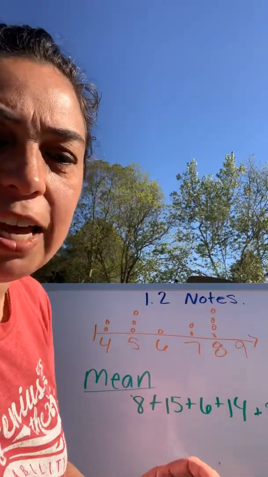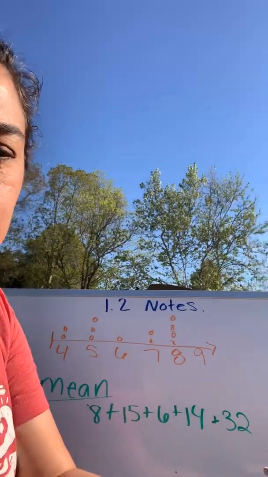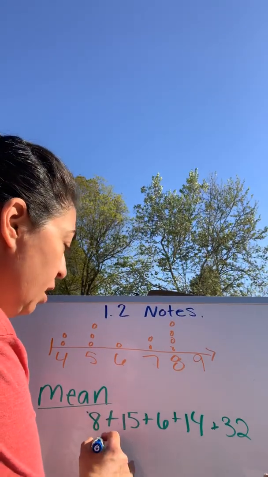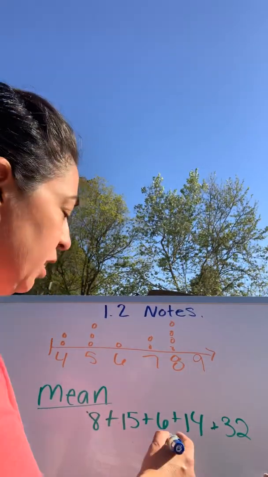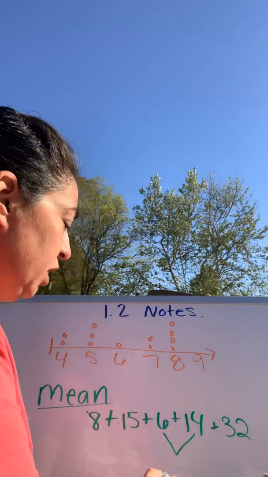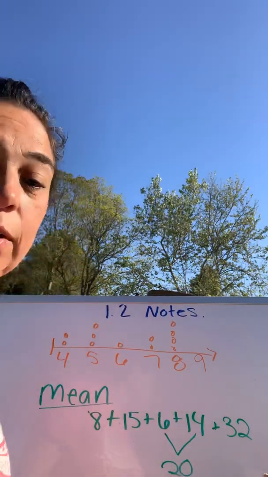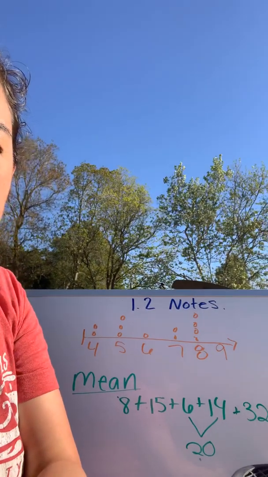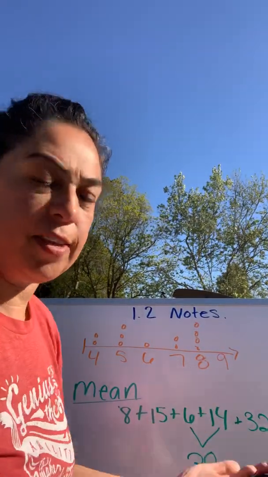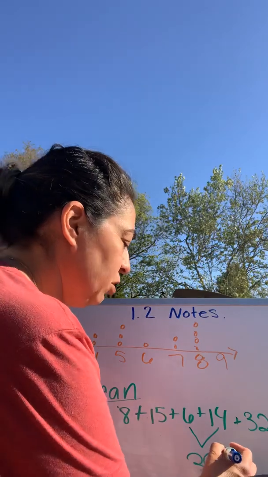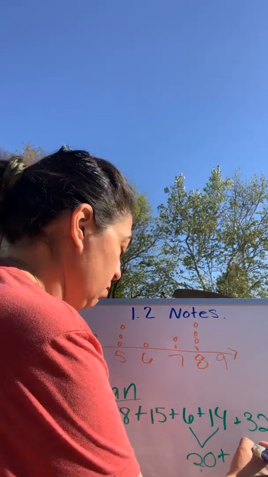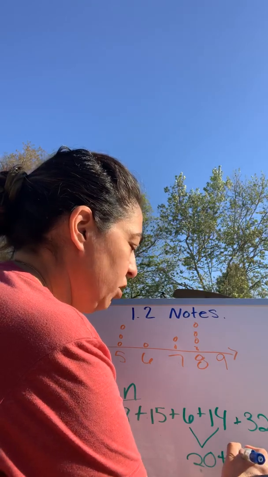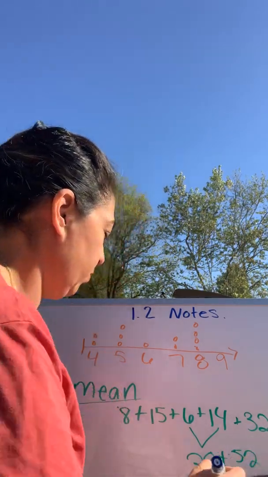So now I'm going to add all of these numbers together. So in my head, I'm going to say 6 plus 14 is 20 because that is a fact that I know to be true. 6 plus 4 is 10. I add the extra 10 is 20. Plus 32 equals 52.